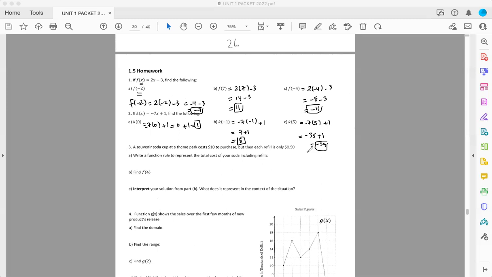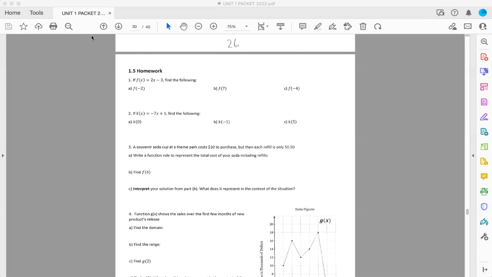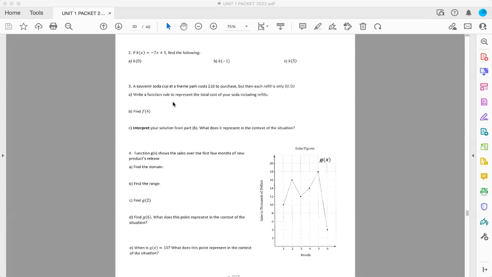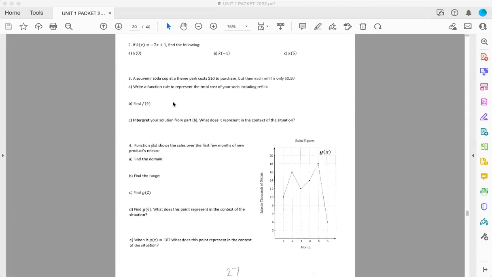Number 3, let's move up here. Number 3 says a souvenir soda cup at a theme park costs $10 to purchase, but then each refill is only 50 cents. So we're paying 50 cents per refill. That automatically tells us that this is the rate of change, aka the slope.